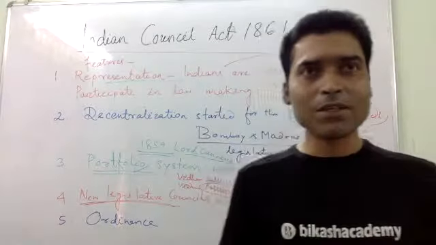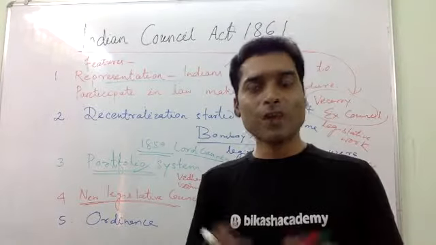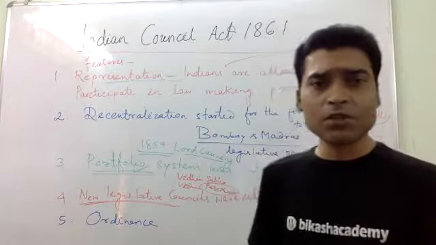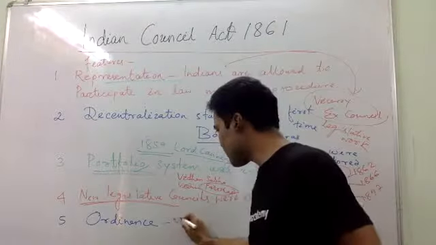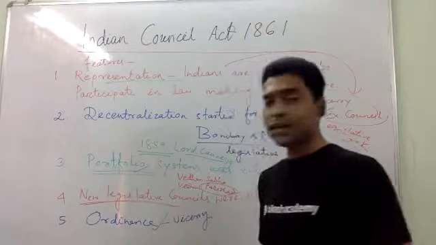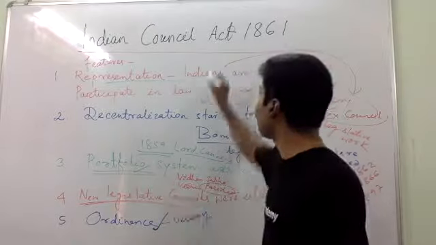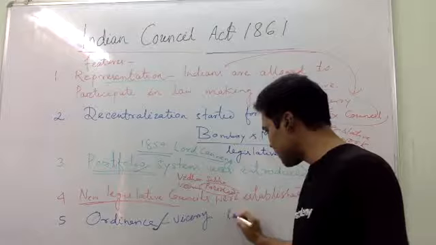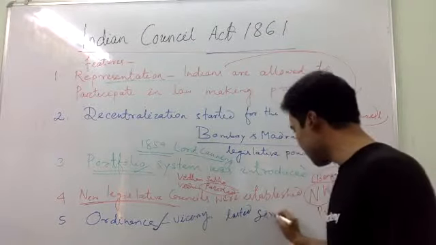When there is an emergency and the council or legislative body is not functioning or not in session, and there is a situation to make a law, the Viceroy can issue an ordinance. This power was given in this Council Act, 1861, and the life of an ordinance is only six months.